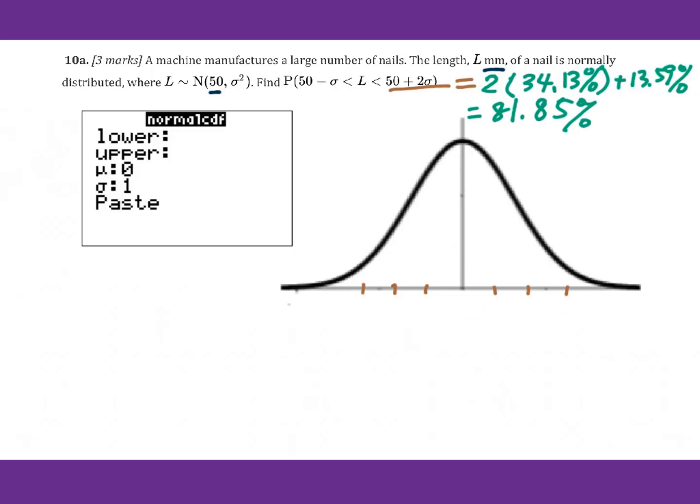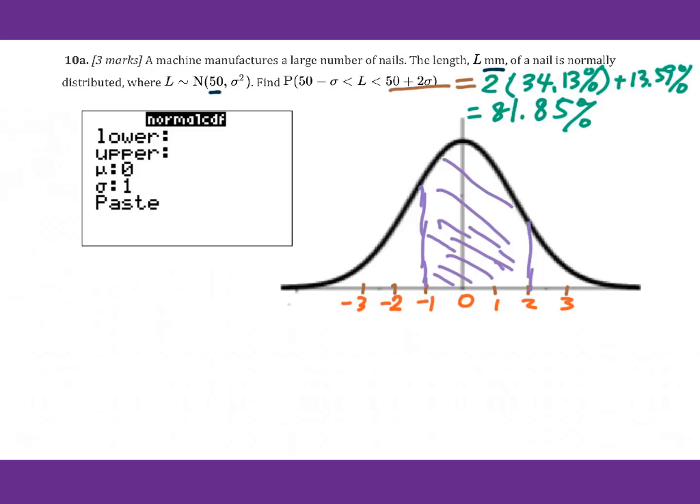Use a Z curve. We have -3, -2, -1, 0, 1, 2, 3. Basically, we are looking for the probability from -1 to 2. It will be the same as this.